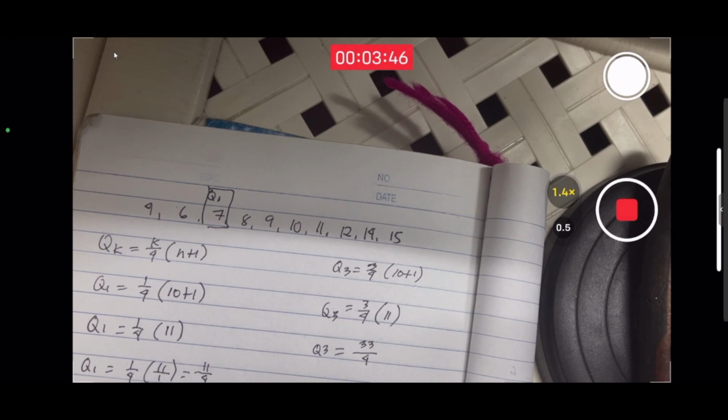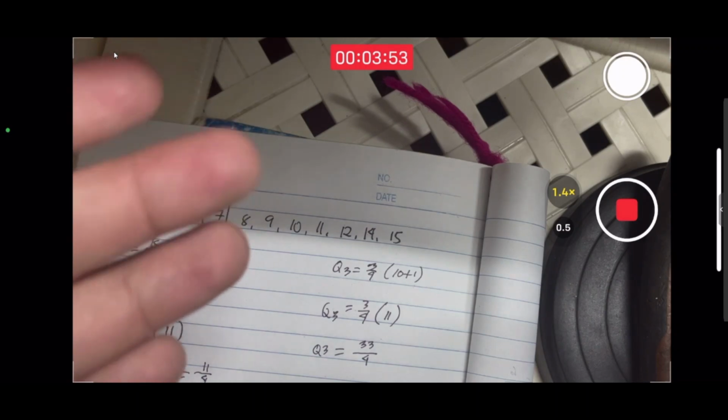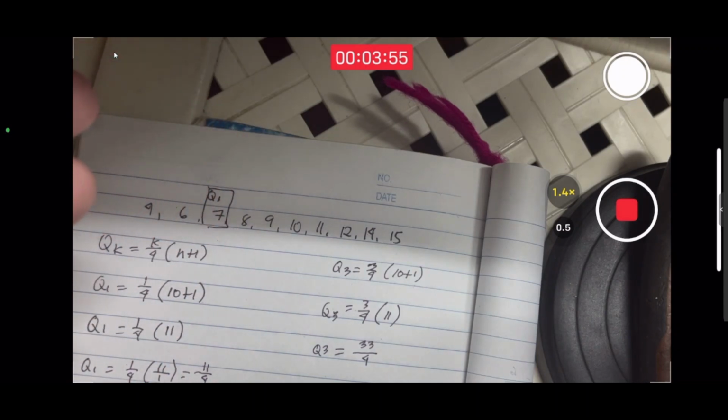How many 4s are there in 33? We count 4, 8, 12, 16, 20, 24, 28, 32. So we have 8, with 32.